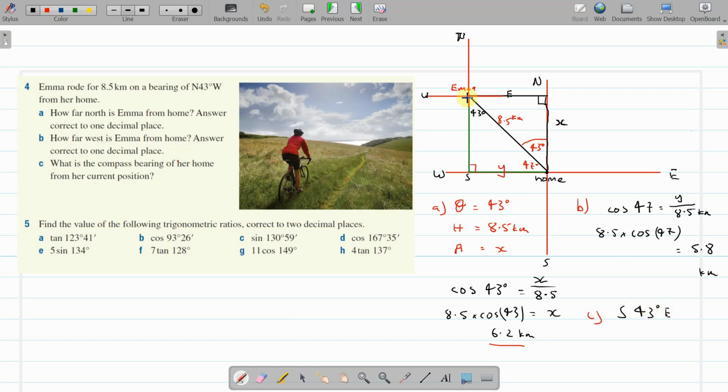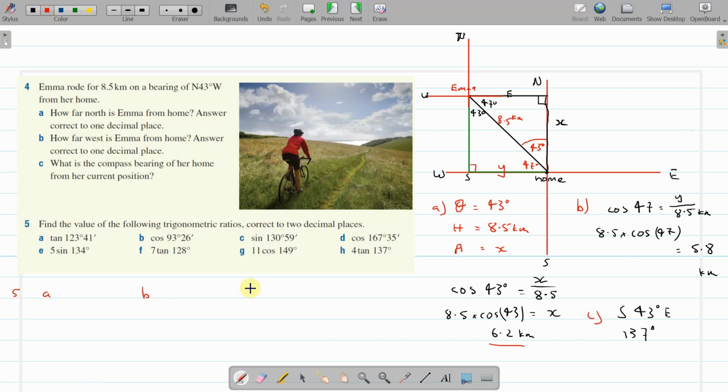And if you wanted it in true bearing, it would be 90, and that's 47 there. 90 plus 47, 137. 137 is the true bearing. And south, 43 degrees towards east. That's the answer for that one. South, 43 degrees east.